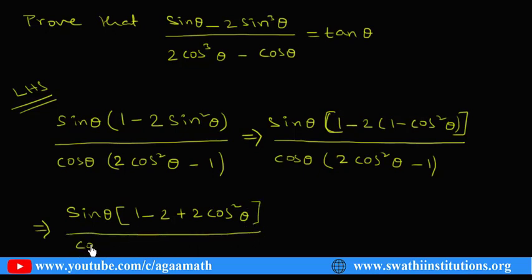By cos theta of 2 cos square theta minus 1. So again, if you simplify this, what do we get?